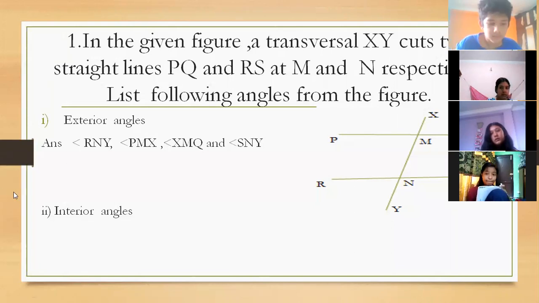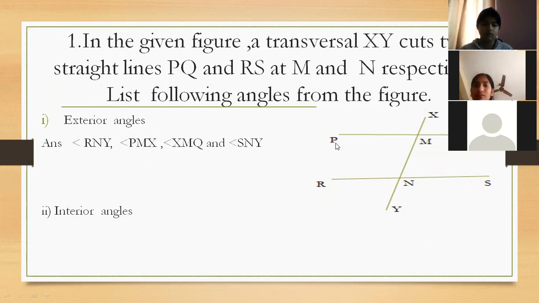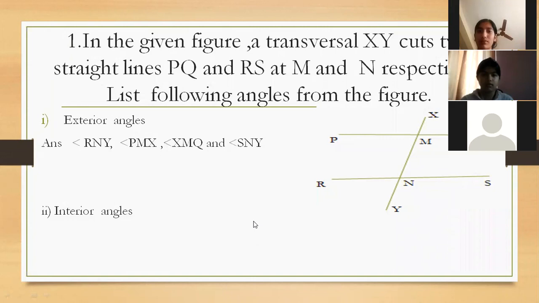Question, look here: interior angles. When you check here, how many interior angles are there? Four. Yes, very good. There are four interior angles. Okay, Sophia, look here, we have to list these four interior angles.